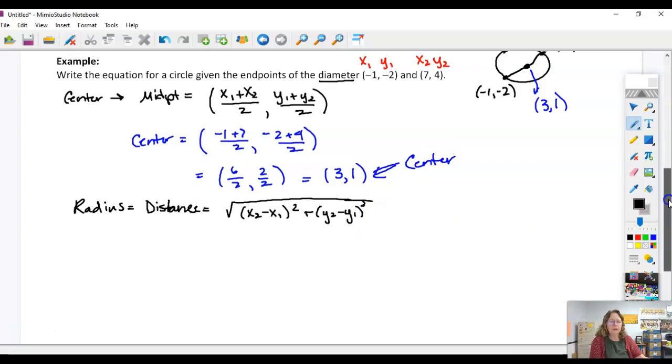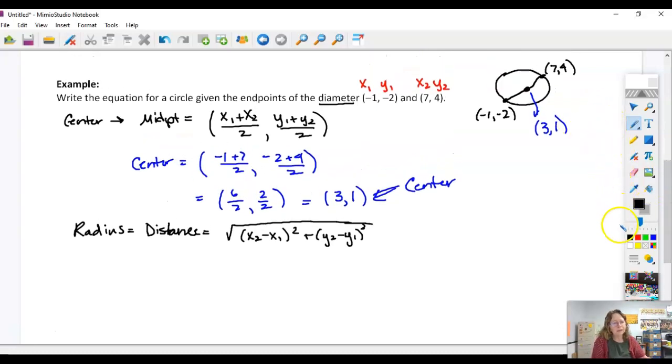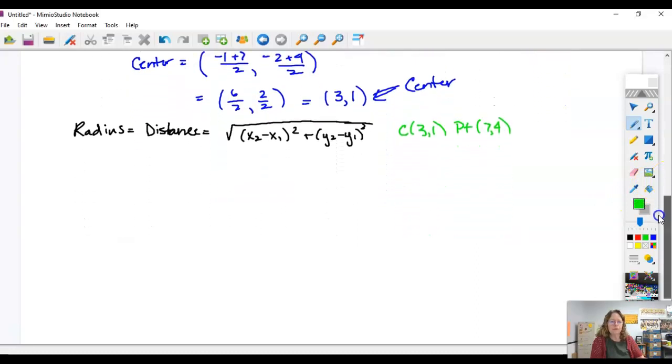It doesn't matter if you use the center and the 7, 4, or the center and the -1, -2. I'll use the 7, 4 just because those are positive. So we have the center, 3, 1, and the point on the circle, 7, 4.